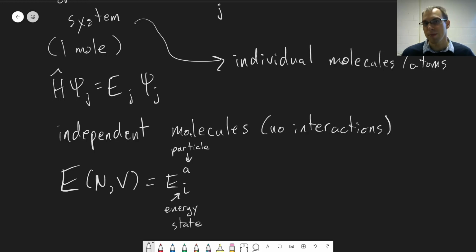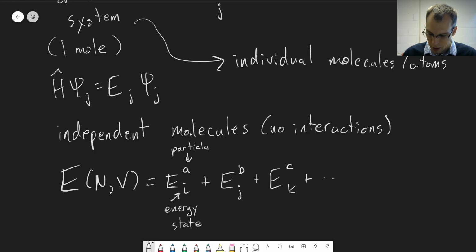There are a bunch of different possible energy states it could have. So maybe if we're thinking about electron orbitals, one particle is in an s orbital, one's in a p orbital, and they have different energies. And then we add up all the different particles we have, right? Each particle will have its own energy state, and we have a bunch of them all the way up to N. So in theory, we could set up a sum that looks like this.